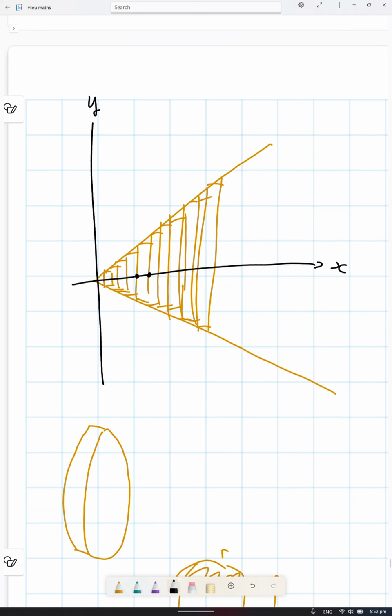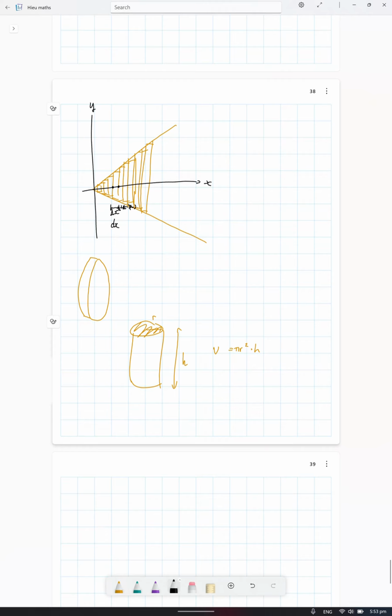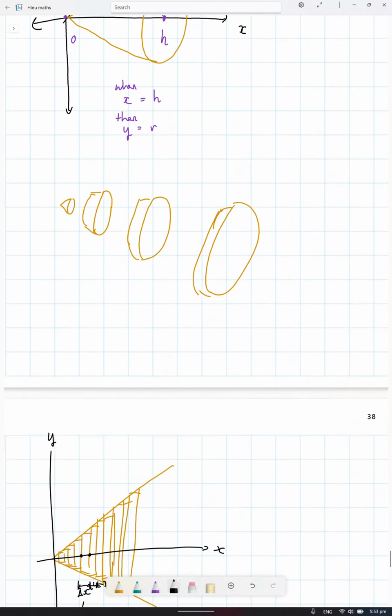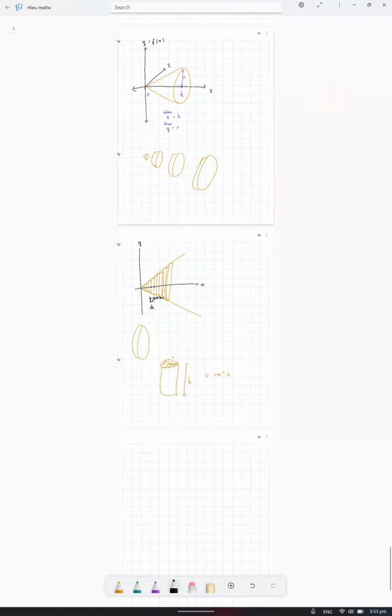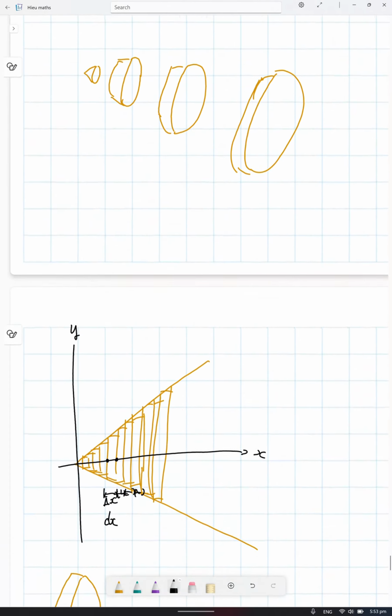When we split it up, this is delta x. This length is delta x, or called dx. And this is the same equal length across all these slices. These are just dx's. And so this cone is just made of cylinders that are multiplied by dx.